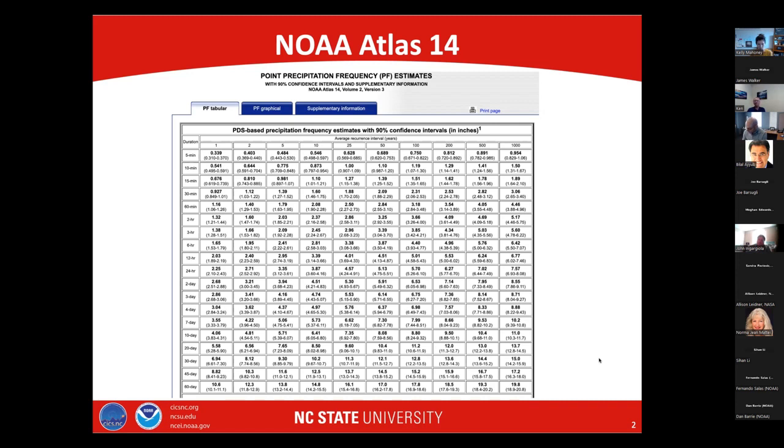Or we can put this in a different framework, a probability framework. The terminology used is annual exceedance probability: the probability of this amount being exceeded in a year is 10%, or essentially 1 over the average recurrence interval.